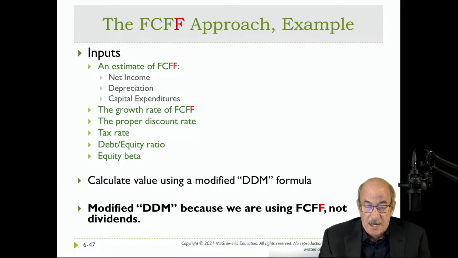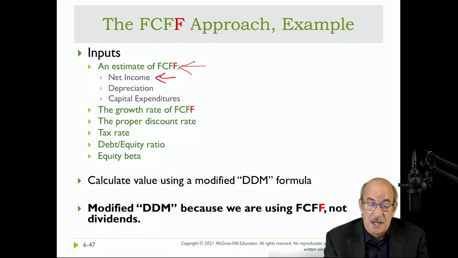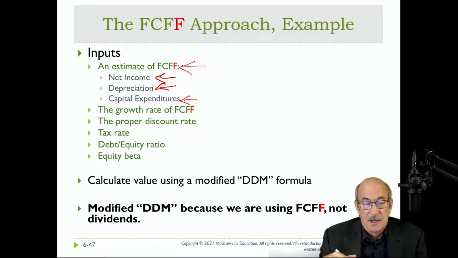As far as the inputs, we just need to calculate that free cash flow, which from the income statement, we need the net income and depreciation, and then we need CapEx and the net working capital changes from the balance sheet. We need to figure out how quickly cash flow is going to grow.